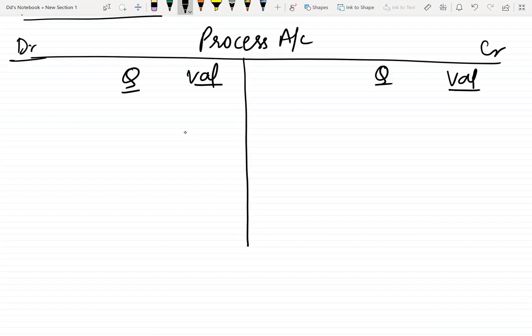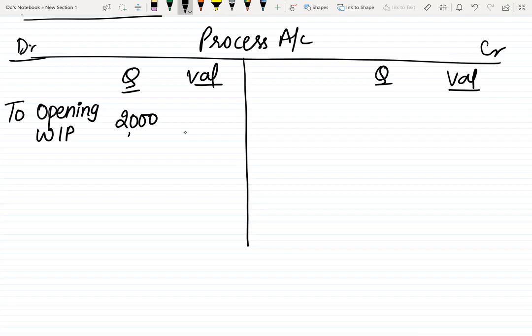Okay. Normally we used to start from to material input, but in this question you have to start from opening WIP, opening work in progress. How many units? 2000 units. So start to opening work in progress 2000 units. Okay.